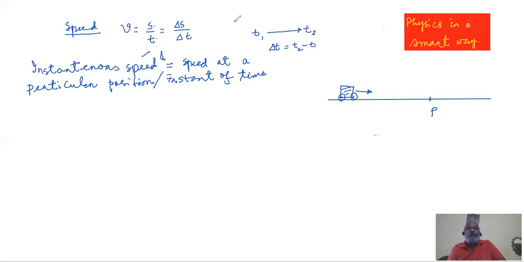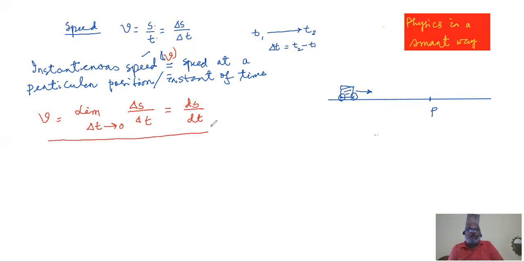If you mark it as V or like that, then we write that V is usually written with a little bit of help of mathematics. Again, the limit comes in. Limit delta t tends to 0, delta s by delta t, that becomes same as ds by dt. That is the presentation of instantaneous speed in science. Okay, we borrow some ideas of mathematics.